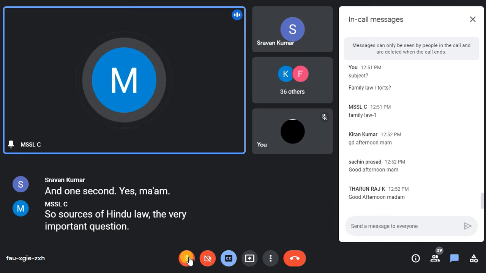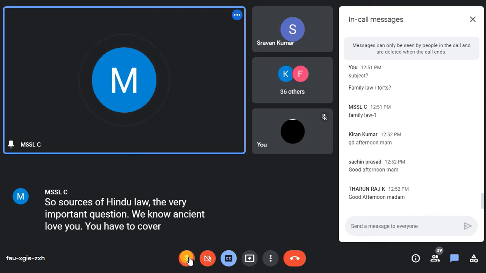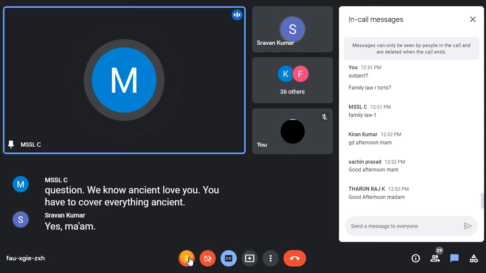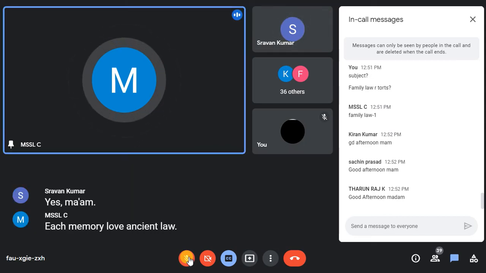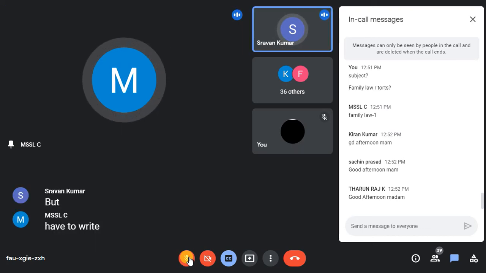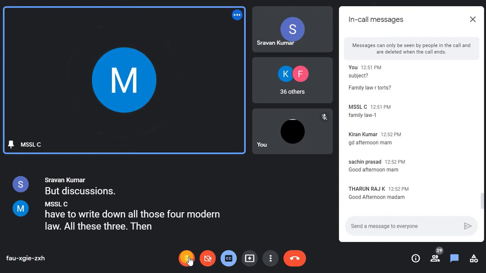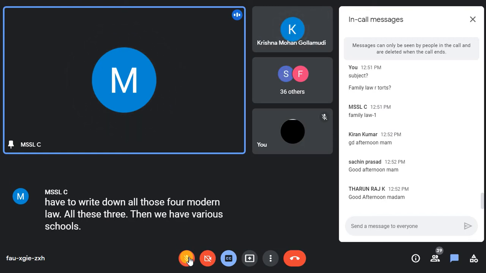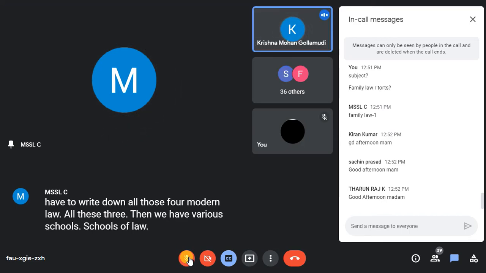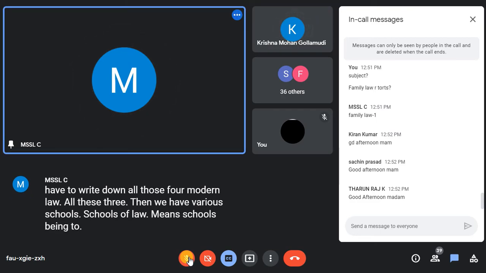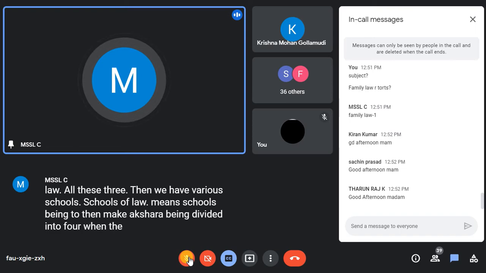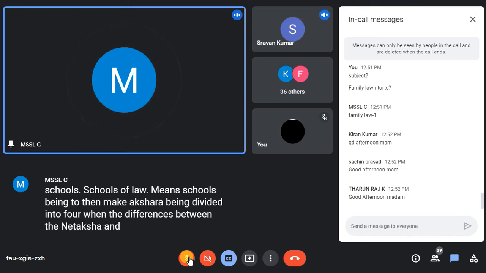We know ancient law, modern law, you have to cover everything. Shruti, Smriti, you have to write down all these 4 of ancient law, and modern law, all these 3. Then we have various schools of Hindu law, the main schools being 2, then Mitakshara being divided into 4, then the differences between the Mitakshara and Dayabhaga.